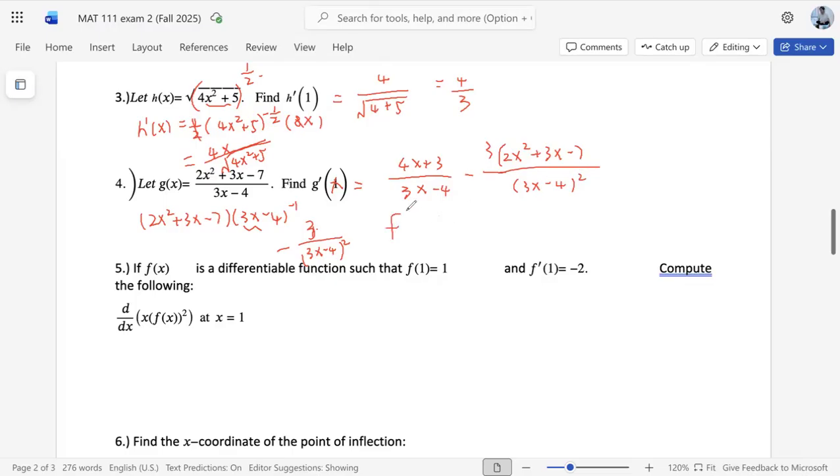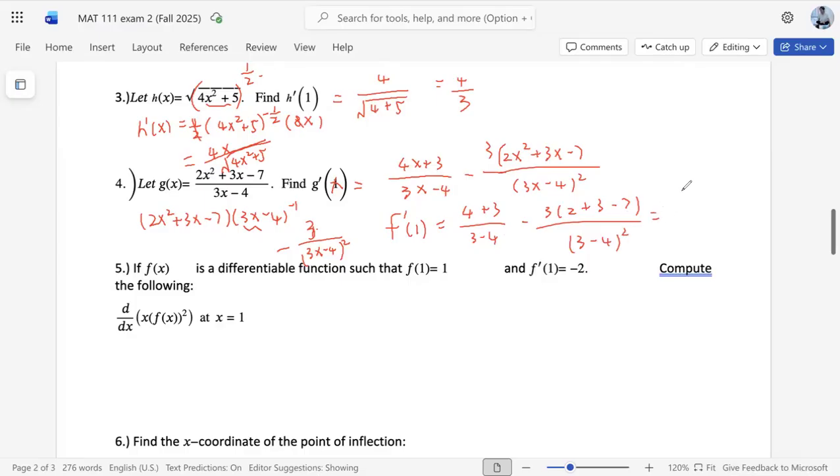Now we can plug in 1. Plug in 1, we have 4 plus 3, we have 3 minus 4, minus 3 times 2 plus 3 minus 7. Then we'll have 3 minus 4 squared.